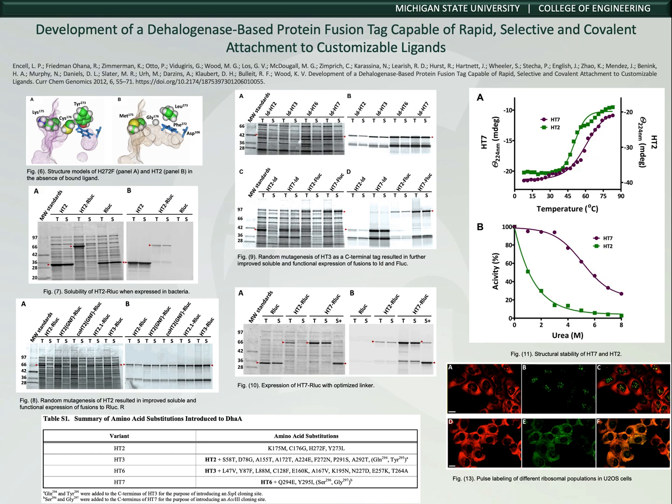And then when using 3 different enzymes, when HaloTag 7 was used as a C-terminal tag to an enzyme, the first one, it provided 7-fold more functional full-length fusion protein compared to the original HaloTag 2.